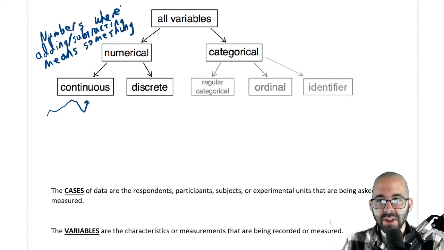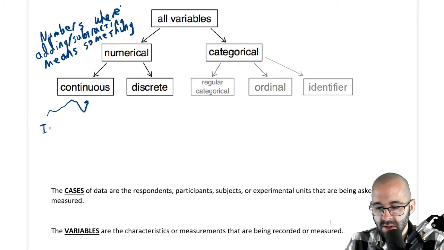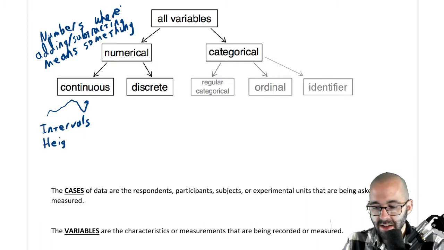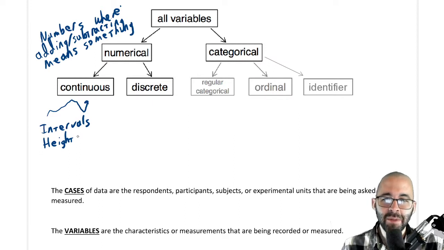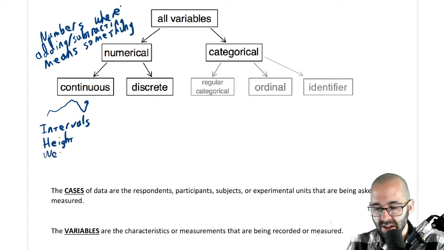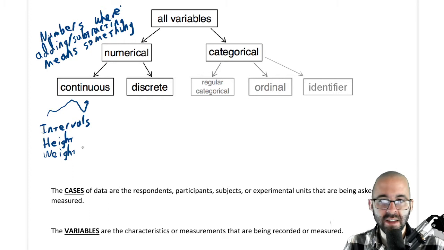This is an example of a continuous graph, with intervals. Some examples are height. Maybe I'm 6'5", maybe I'm 6'5 and a quarter. Neither of those are true, but maybe I'm 6'5 and 2/10 of an inch. Weight is another one, etc.